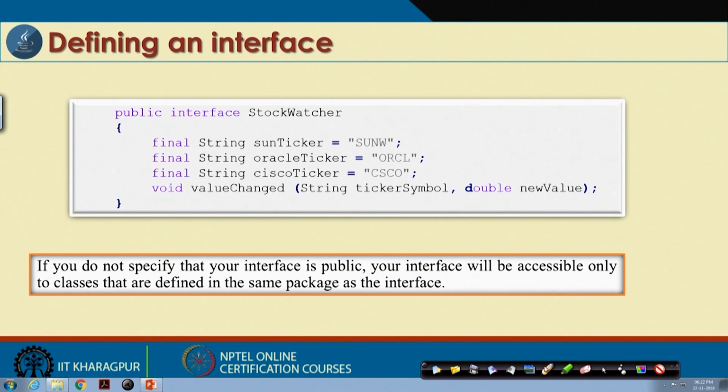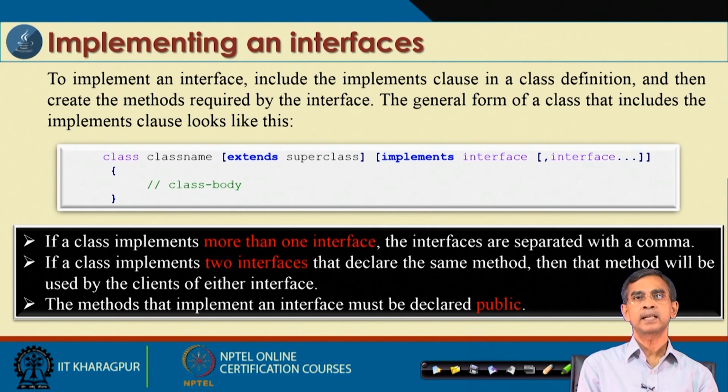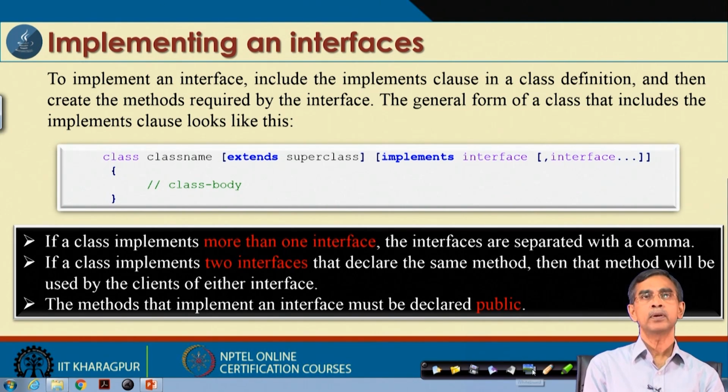So, these are a few rules of thumb that you should consider while you are declaring your own interface in your program. Now, once the interface is defined, this interface needs to be implemented. This implementation is by virtue of declaring a class. Here is an example of how an interface can be implemented.